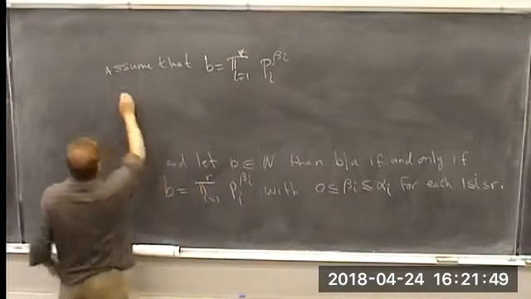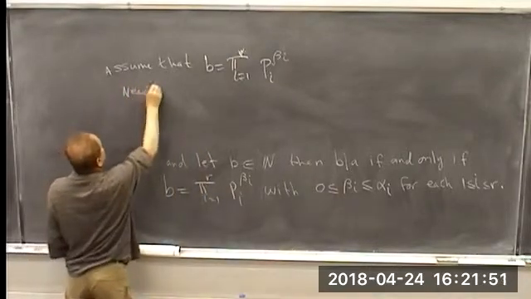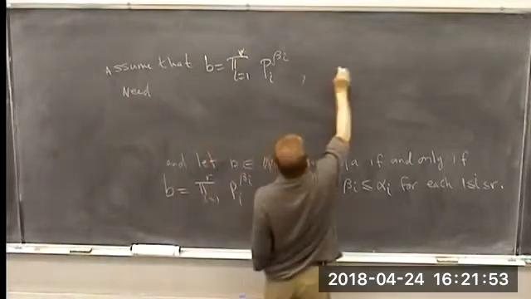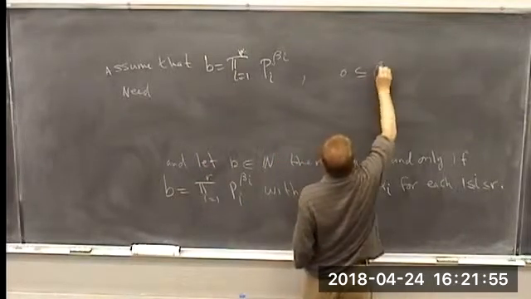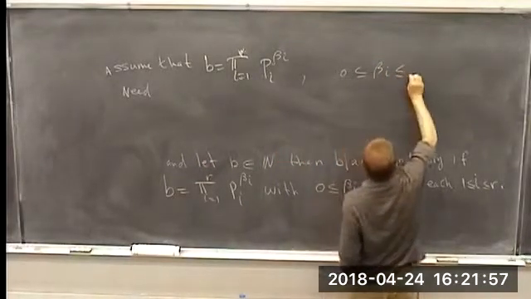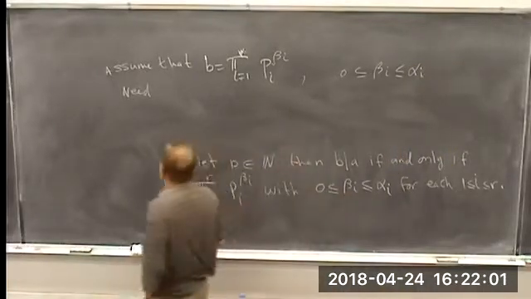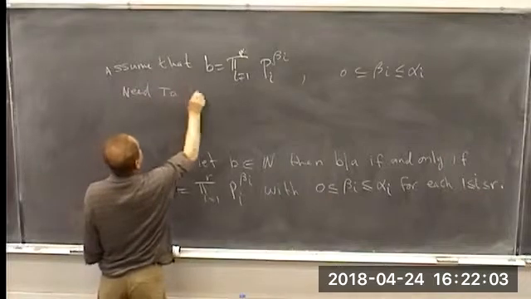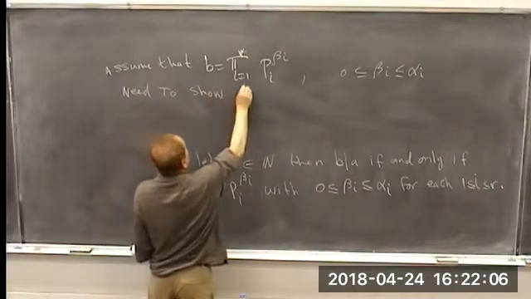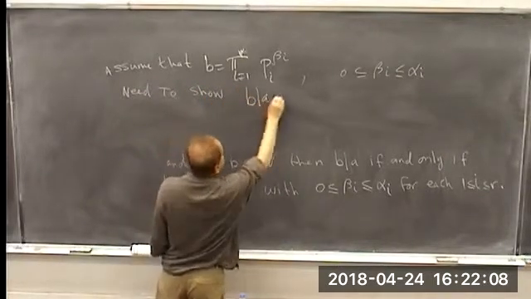Need to show where these satisfy this. It's very important: the beta_i less than or equal to alpha_i for every i. Need to show B divides A.